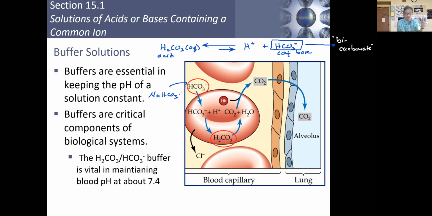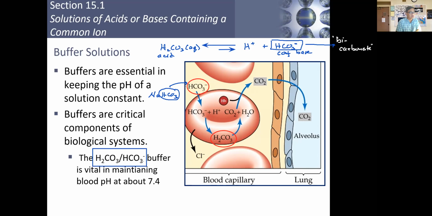You may want to ask Mr. Dunn or Miss Ray how the body introduces this bicarbonate ion. But the idea is that we can make a solution of this bicarbonate-carbonic acid buffer.